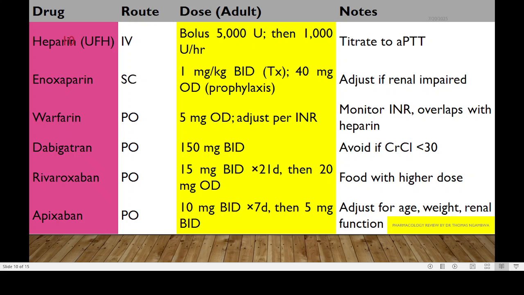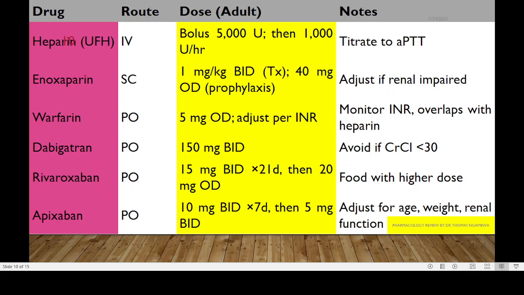If the patient is stable, instead of giving unfractionated heparin, you give the low molecular weight heparin, that is enoxaparin. This is given subcutaneously, and the prescription for an adult is 1 mg per kg twice daily. Then we have 40 mg OD for prophylaxis. Remember to adjust if there is renal impairment.